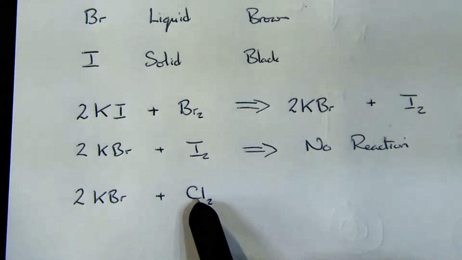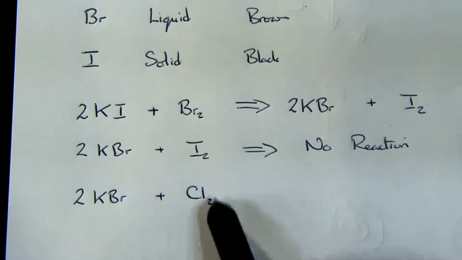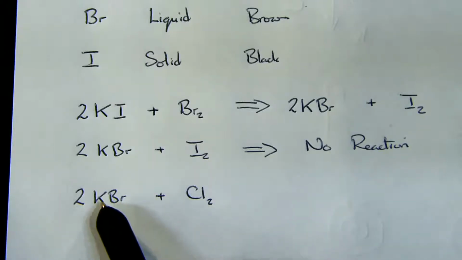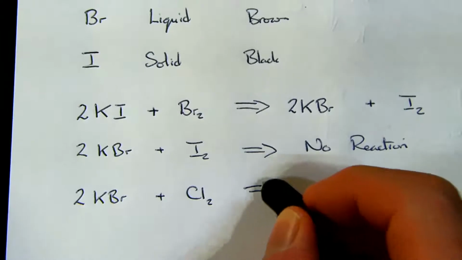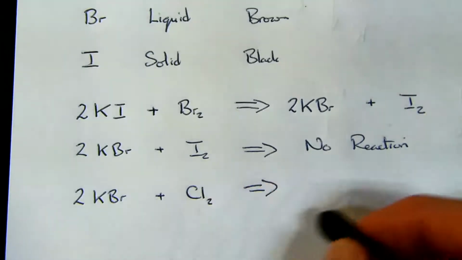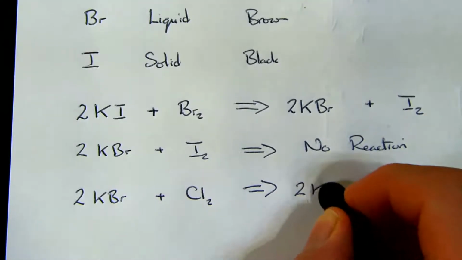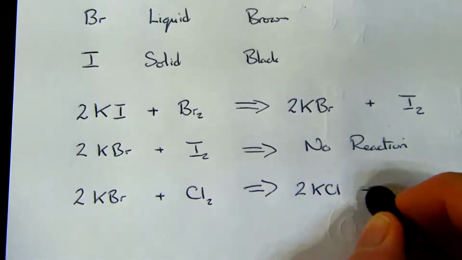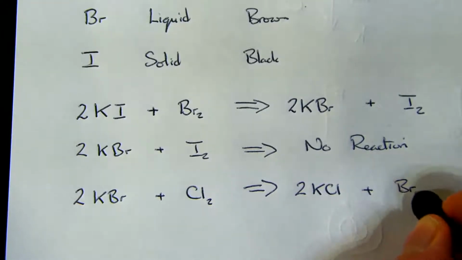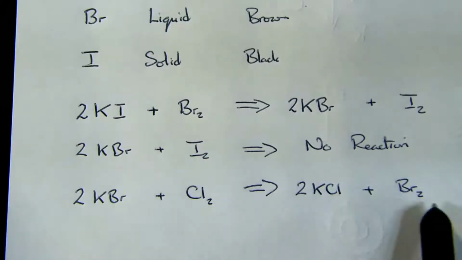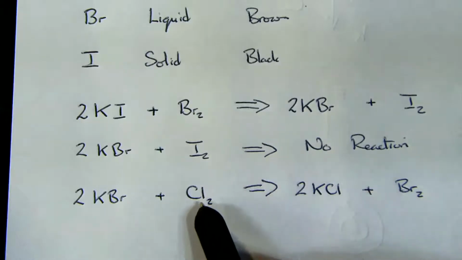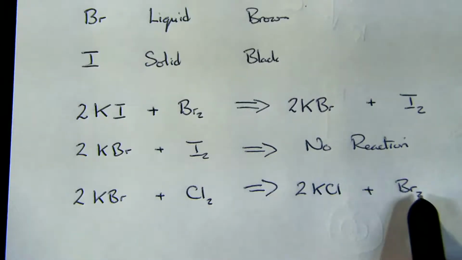Now the chlorine is better if we dissolve it in water. So chlorine water with potassium bromide solution, and then it works and we produce 2 lots of potassium chloride plus some bromine gas is given off. And we can tell the reaction's taken place because the colour of the gas or the liquid here is going to go from pale green to brown.